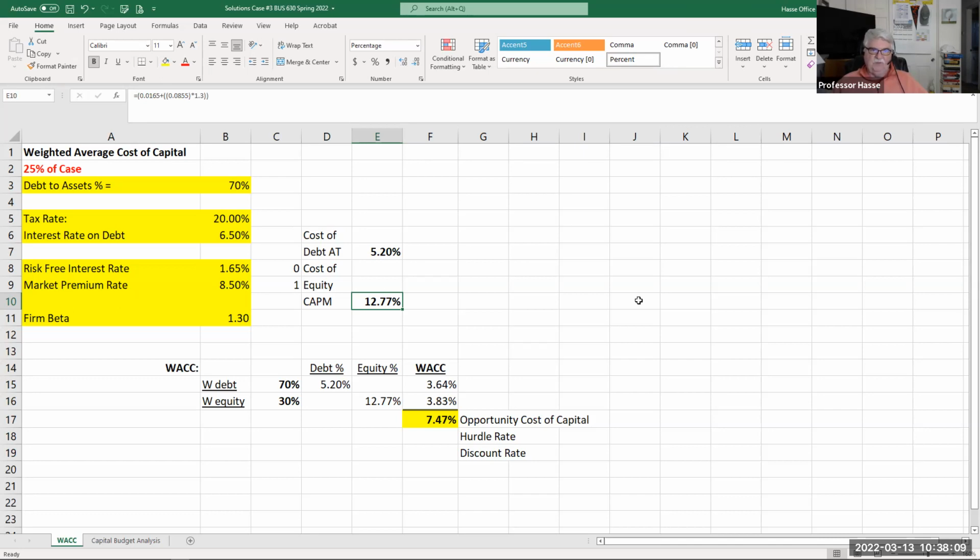So it's the risk-free rate of 1.65 plus 8.5% times 1.3.